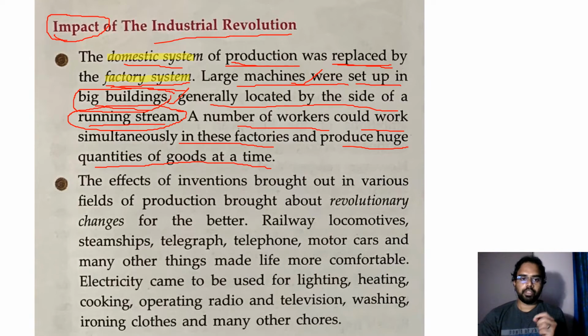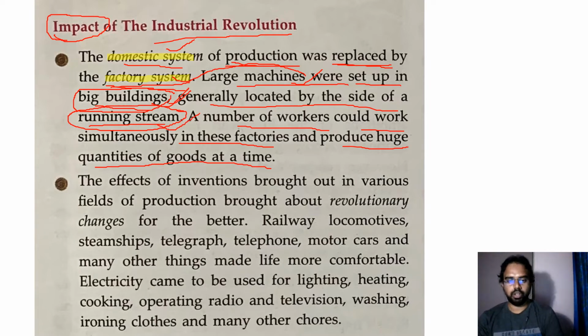So the first impact is that the domestic system, traditionally making goods by hand within a small area, has been replaced by the factory system, which includes large machines, big buildings, and a running stream. That means a continuous supply of water is also necessary. Along with these, a number of workers are needed simultaneously.